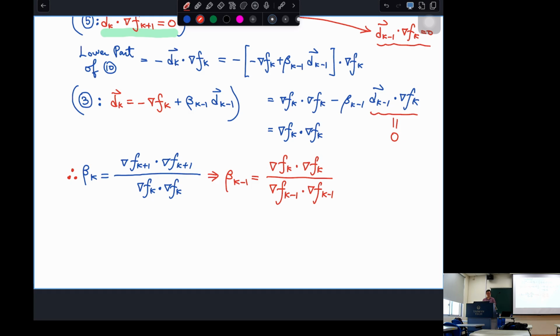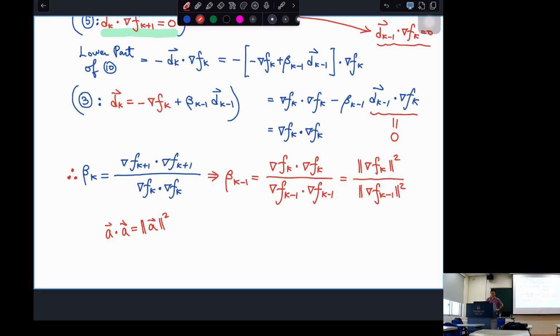Okay? This can also be evaluated by the norm of the vector and square. Why? Because A dot A equals its length squared, right?